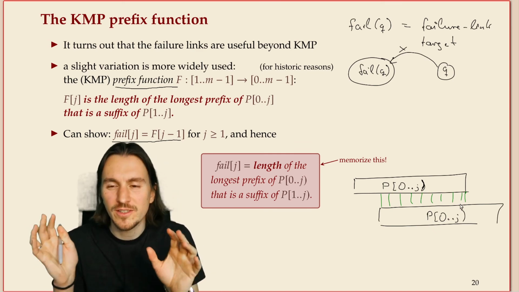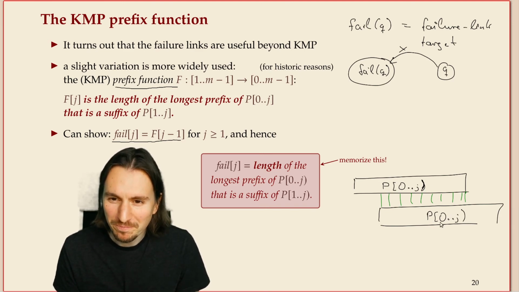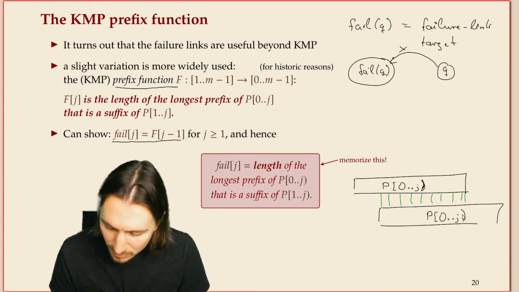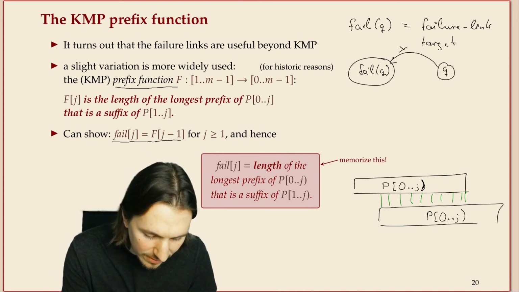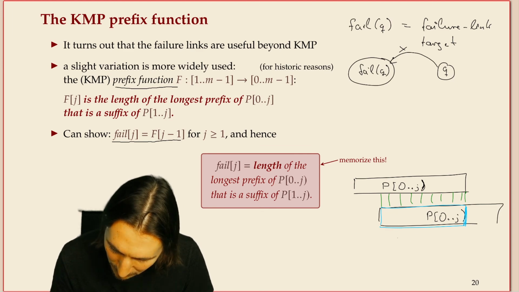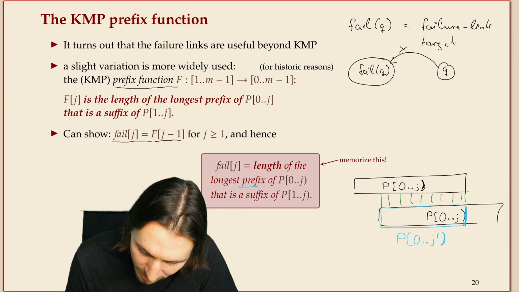So there's a self-similarity in this string. There's a part at the end, a suffix, that is also a prefix. So fail j is the length of the longest prefix of this prefix, the one that ends here. So this blue part is then only something smaller, j prime. And this blue part is the longest prefix.